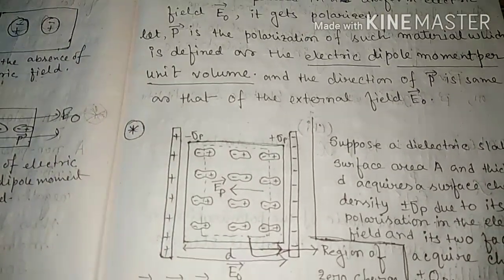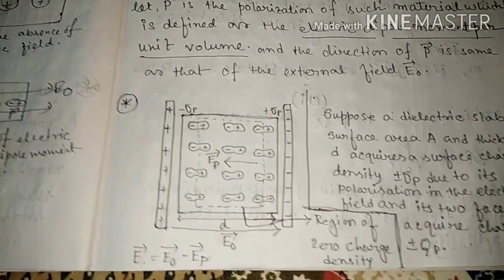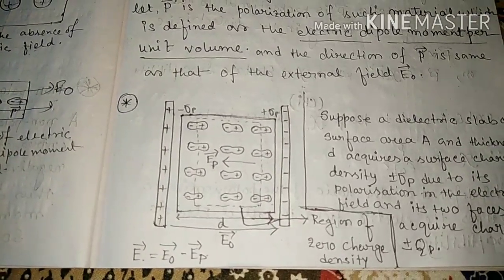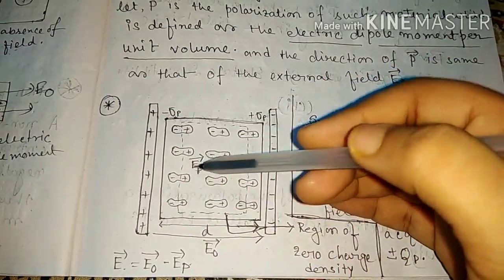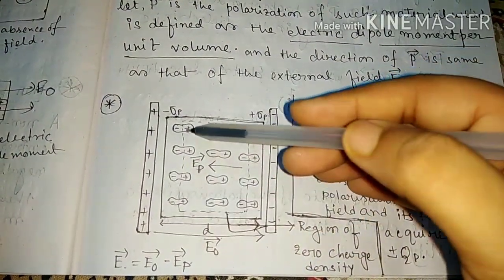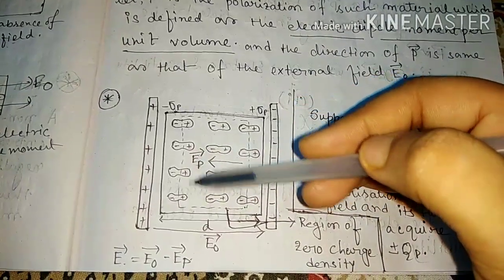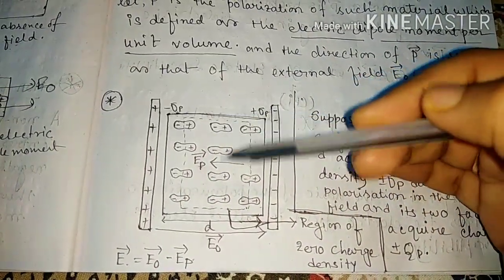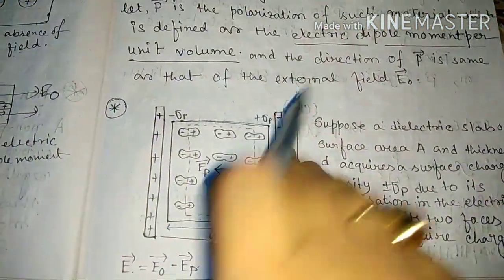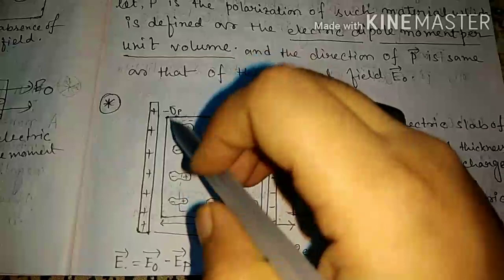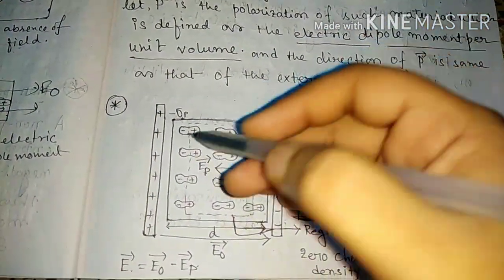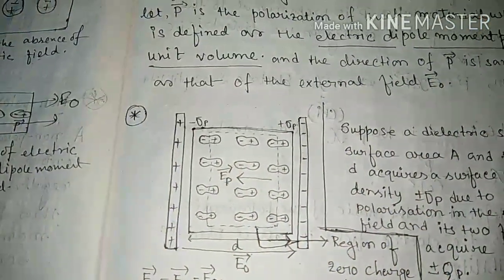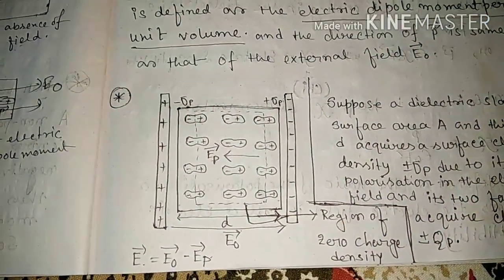The polarization vector is denoted by capital P, and is defined as the electric dipole moment per unit volume. From this figure we see that after polarization, inside the dielectric slab, all the plus and minus charges are neutralized. Only on the left and right sides some negative and positive charges are left, and they form an electric dipole whose moment direction is towards the external electric field.